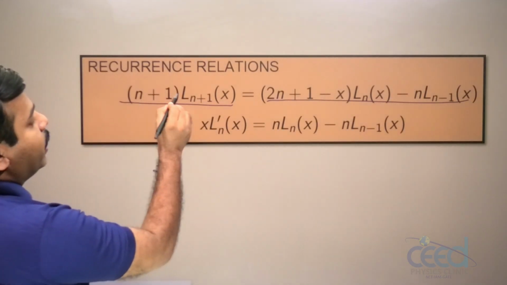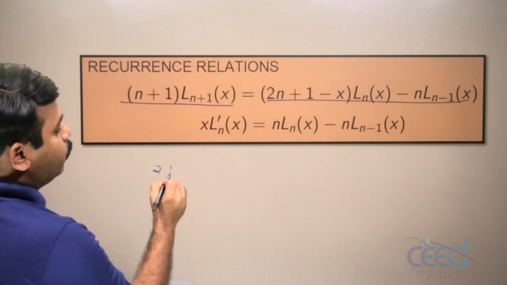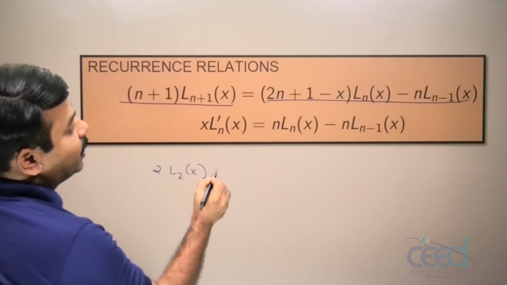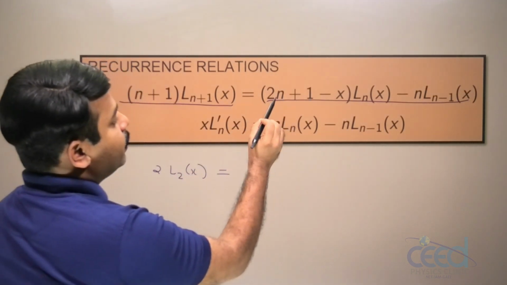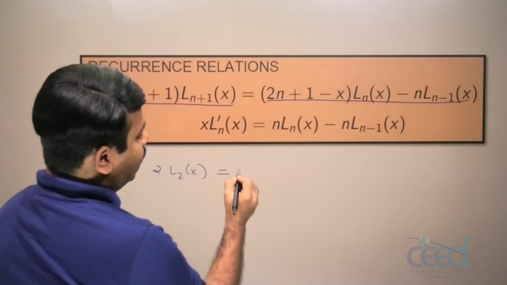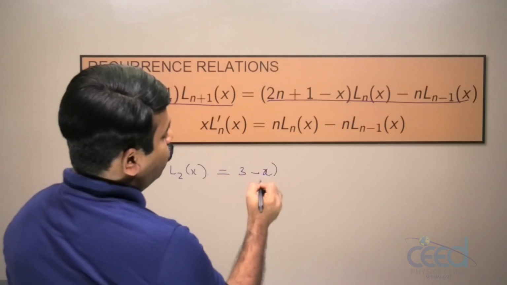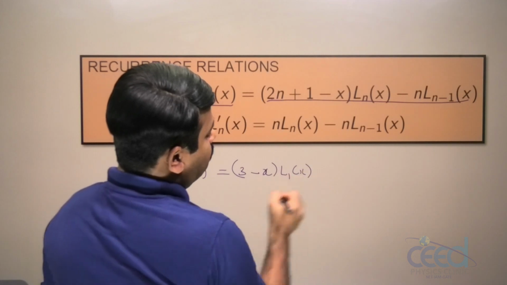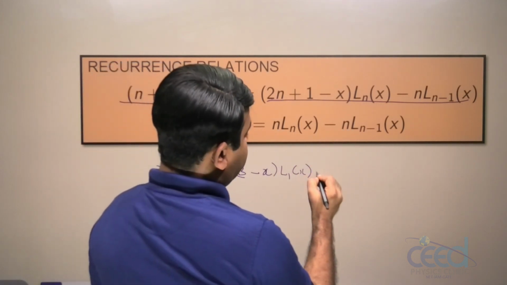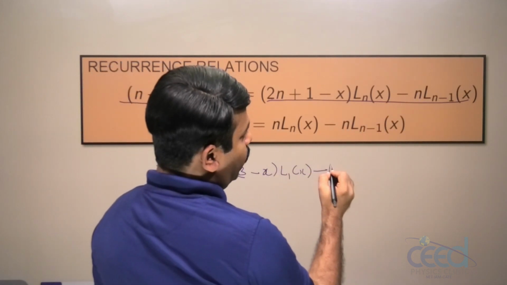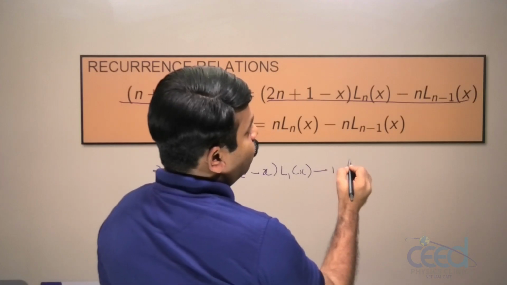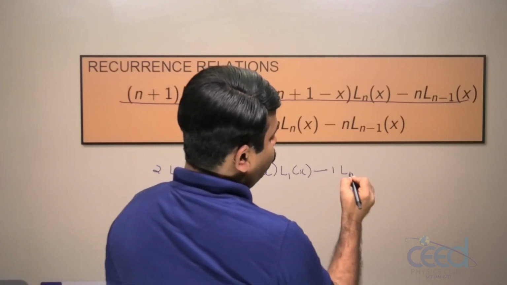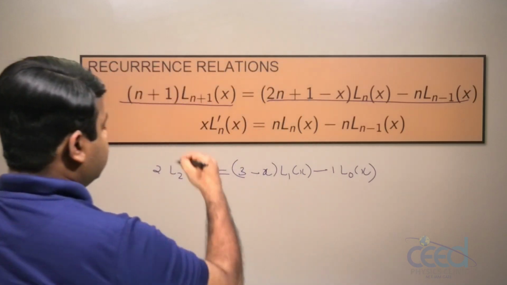Say you take n equal to 1. Then 2 L2(x) equals, with n equal to 1, (3 minus x) L1(x) minus 1 times L0(x).